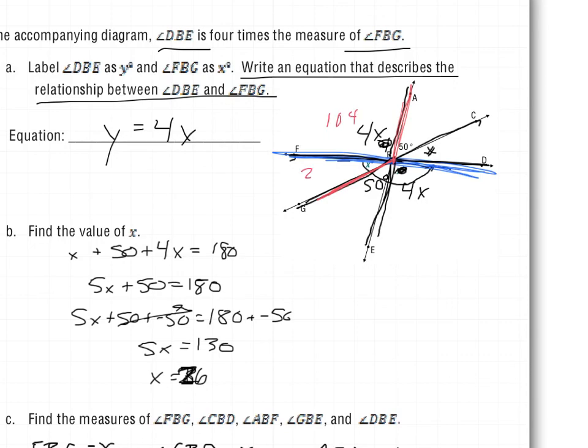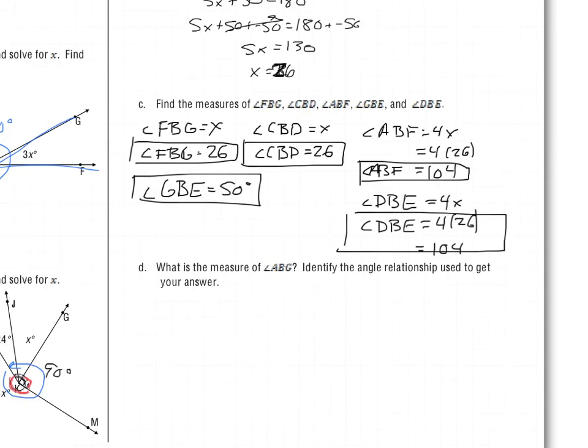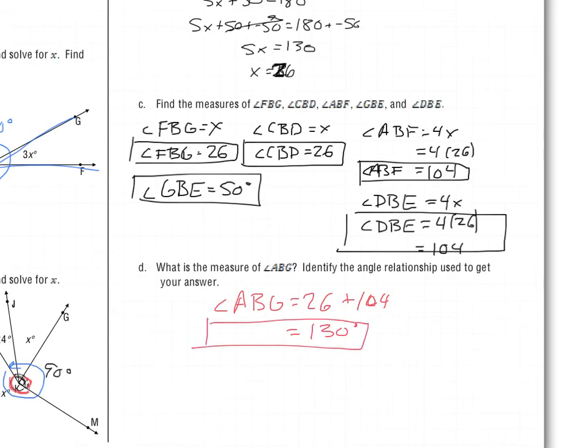And this is 26. So that means angle ABG is equal to 26 plus 104. So angle ABG is 130 degrees. And the relationship we used, those were adjacent angles, so we just added them together.